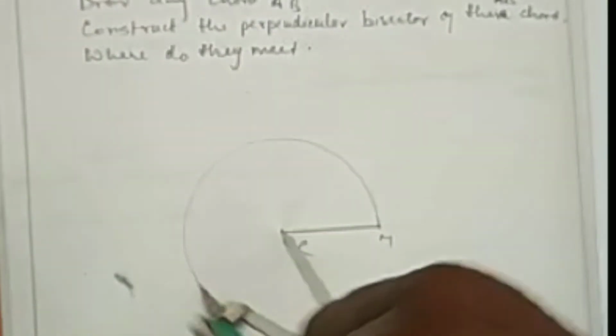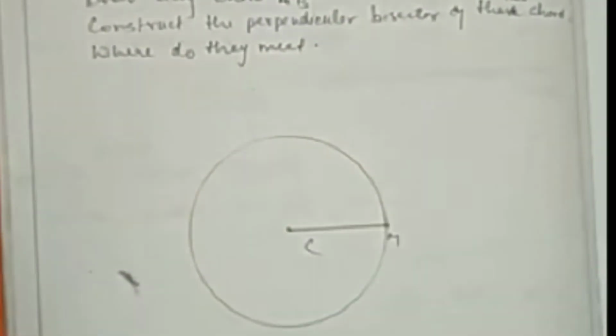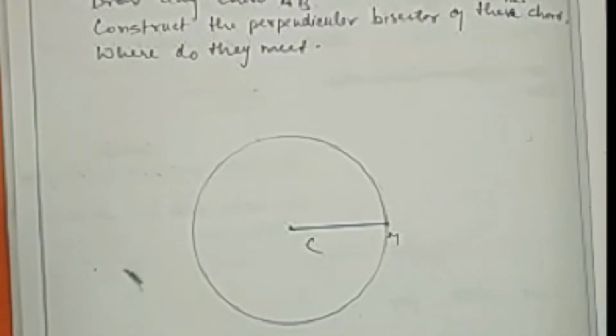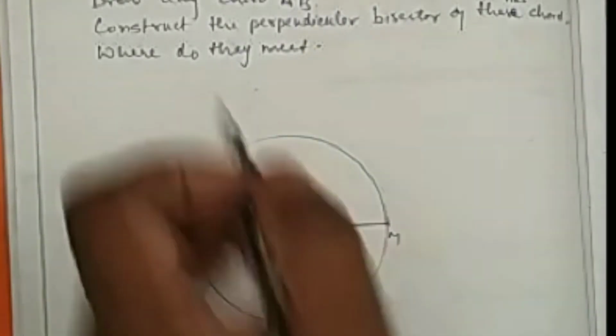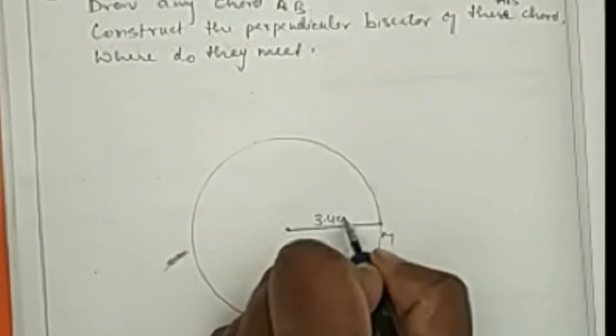Make a circle of radius 3.4 centimeter. Done. Then afterward, the first part is over here: draw a circle with center C and radius 3.4 centimeter. Here this is the center C and this is the radius 3.4 centimeter.